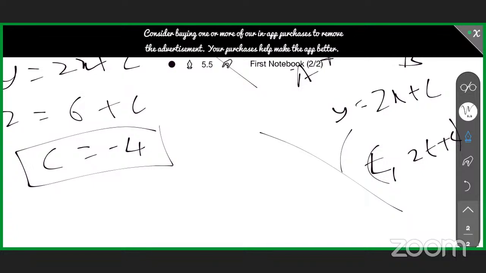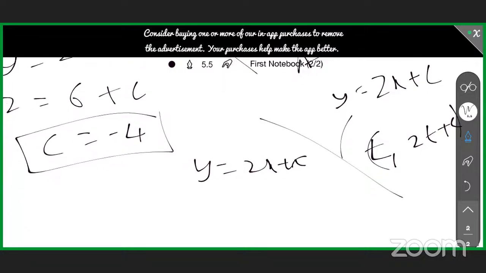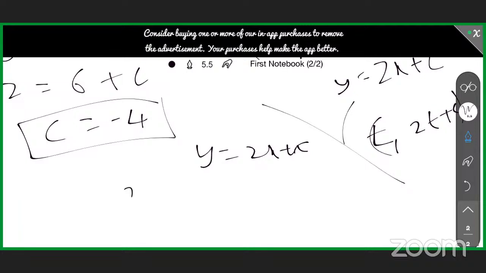If you want to draw this line, we give values going up. If x is equal to 1, y is 2 into 1 plus c. Whenever my value of x is something, my value of y will be 2 into x plus c. Since I am taking x as t, my y value will be 2t plus c. Therefore, any point on this line is of the form (t, 2t plus c).